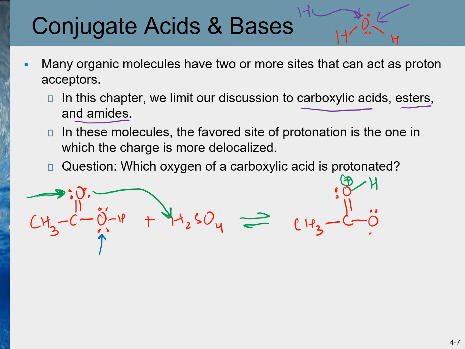The rest of the molecule stays as such. Now, because the carboxylic acid is accepting a proton, it is acting as a base. I'm going to call this intermediate A. This species A is a conjugate acid, and of course the conjugate base of sulfuric acid will also be there, which is HSO4 negative.